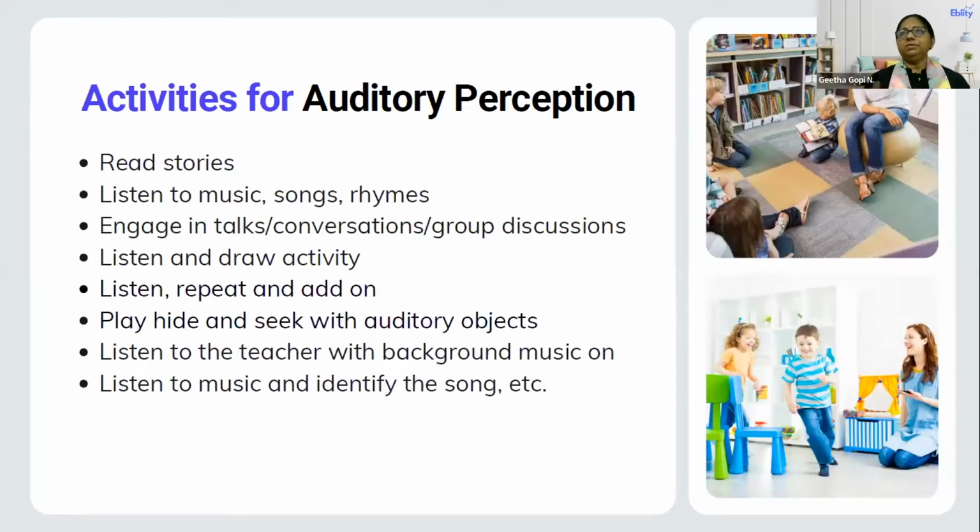There are games called Chinese whispers, where you whisper something to your friend next to you, and that whisper has to be carried on, and the last person in the circle has to say what they have heard. Or you can say something and then the second person has to repeat what the first person said and add on. As you move further down with the children, like a game, the last person will have lots of information to not only remember, but also to add on.